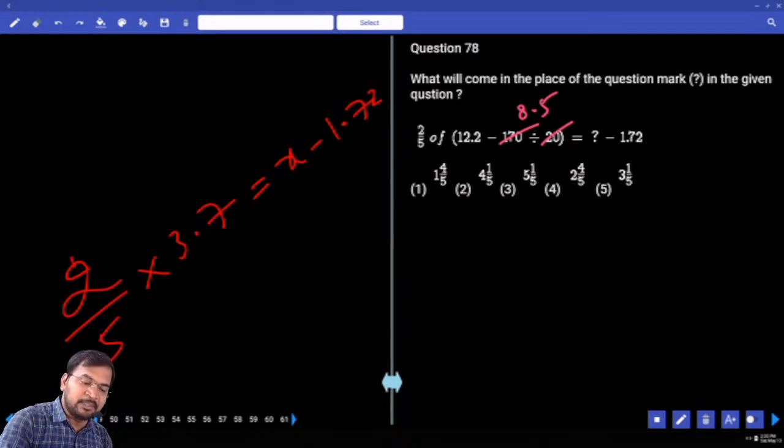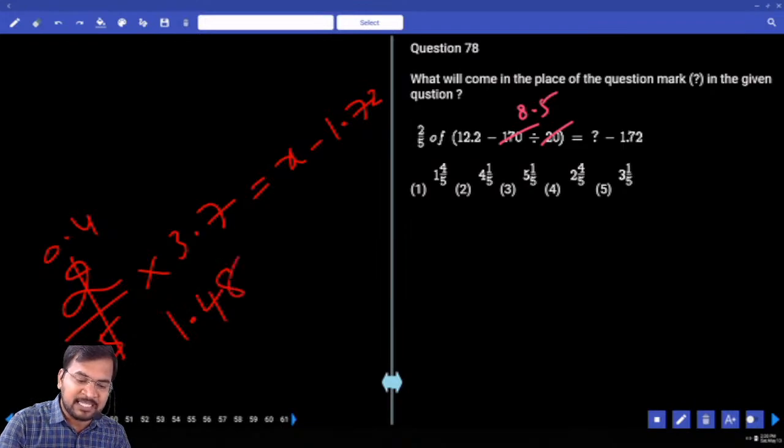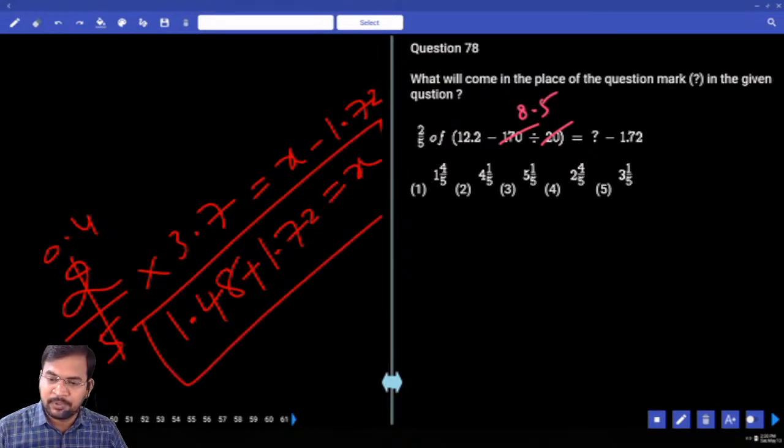Now this is how much, na? 0.4, na? 2 by 5 is nothing but what? 0.4, na? 3.7 into 0.4. 37 4 times 148, na? 1.48 plus 1.72. That is equal to x. 1.48 to 1.72. How much, na, together is? 3.5. 3.1. 2 72 48.